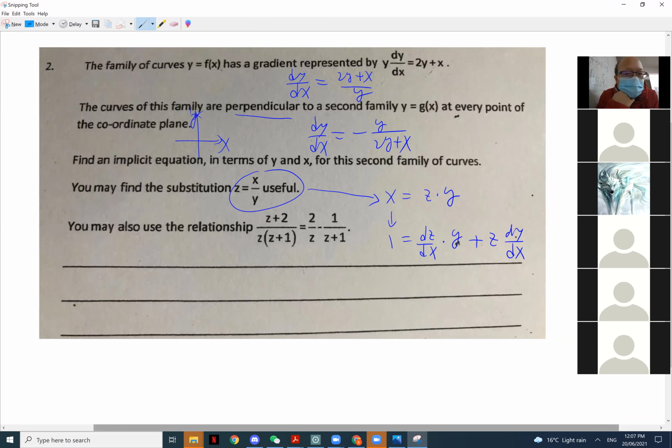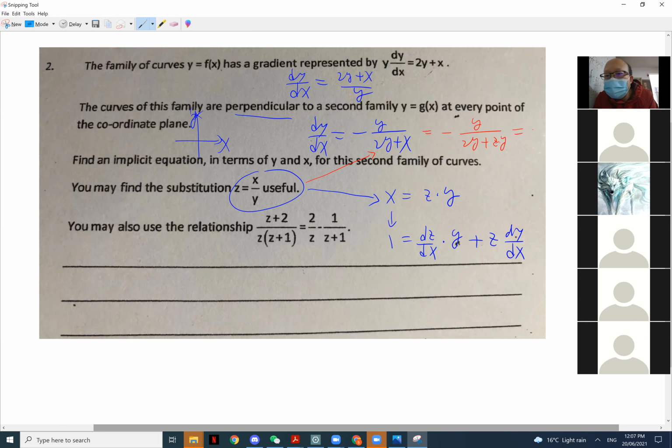You can use this one. Try differentiation. You can also use this part for here. Check y over (2y + zy).